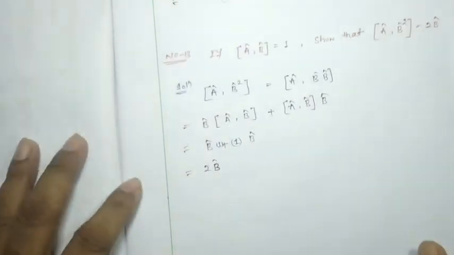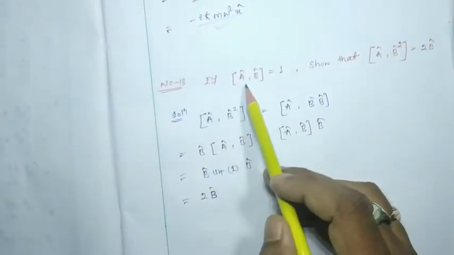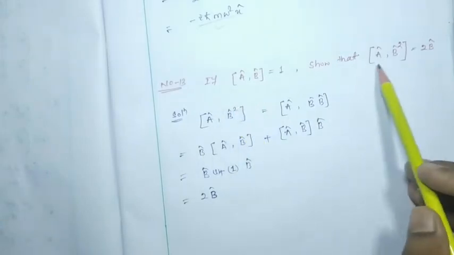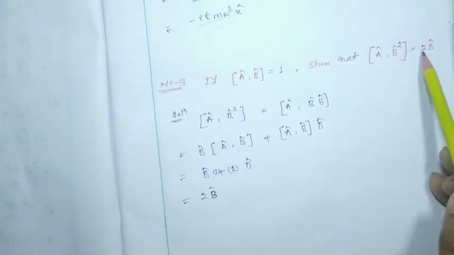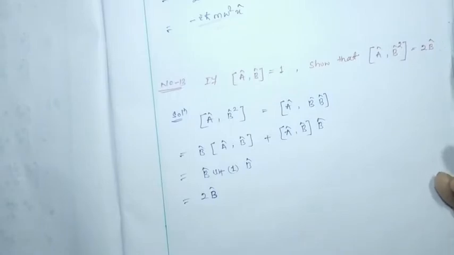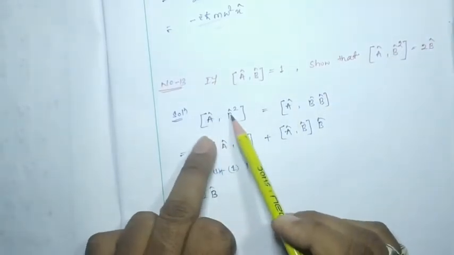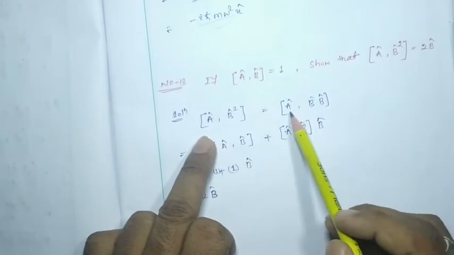Now this is a very simple question: if [a cap, b cap] is equal to 1, then prove that [a cap, b cap squared] is equal to 2 b cap. Very simple. Here it can be written as [a cap, b cap b cap].